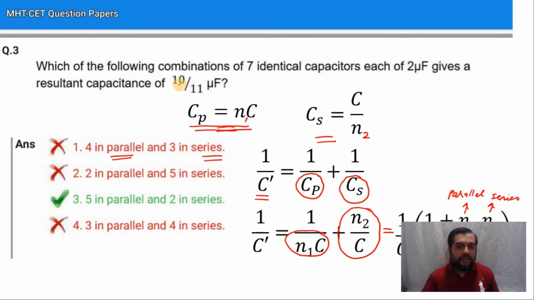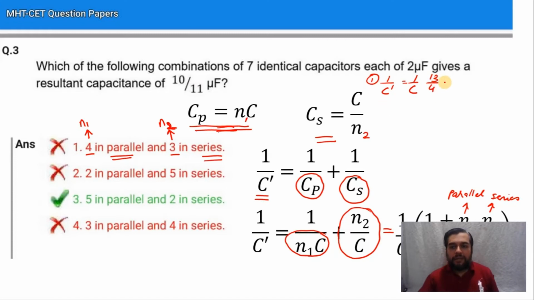If I consider the first condition, here n1, the number of capacitors in parallel, is 4 and the number of capacitors in series, n2, is 3. Substituting, 4 into 3 is 12, plus 1 is 13, upon 4. So 1 upon C dash in the first case will be 1 upon C into 13 upon 4.